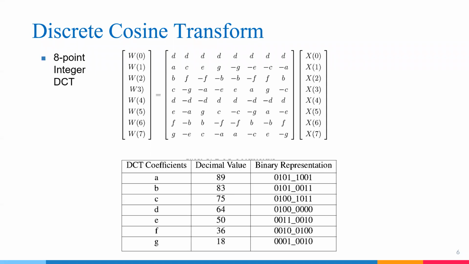A, B, C, D, E, F, G are the coefficients of the 8-point integer DCT. Their values are A is 89, B is 83, C is 75, D is 64, E is 50, F is 36 and G is 18.